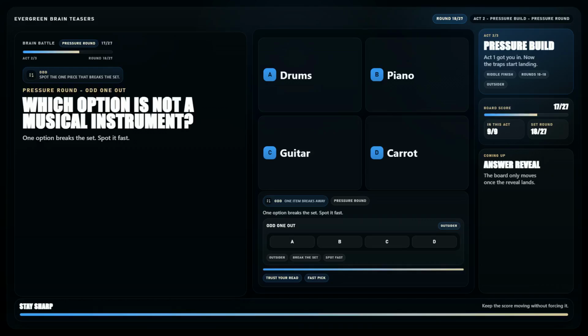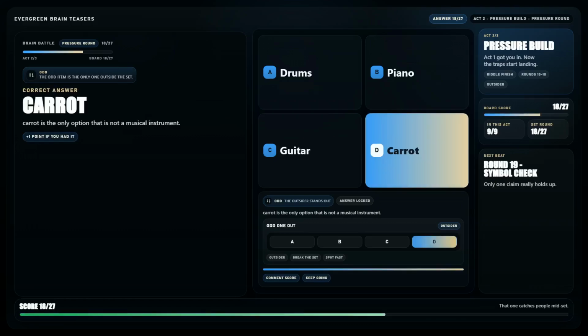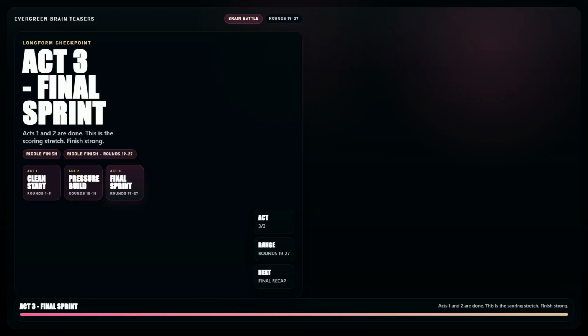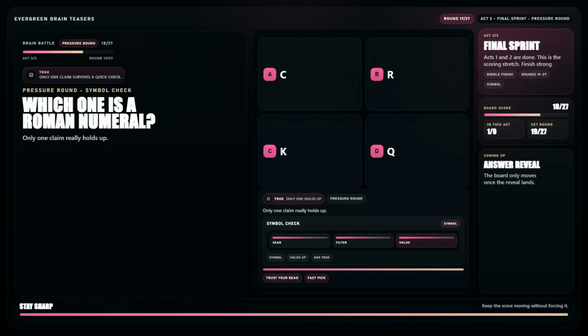Outsider switch. Which option is not a musical instrument? Carrot. That is the outsider. 3 belong together. Back switch. Which one is a Roman numeral?